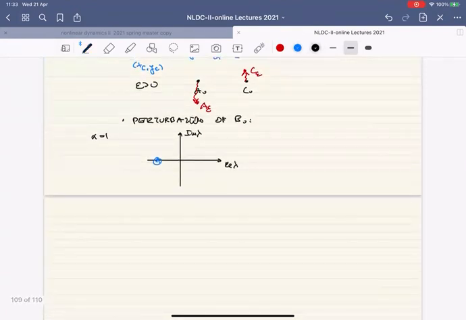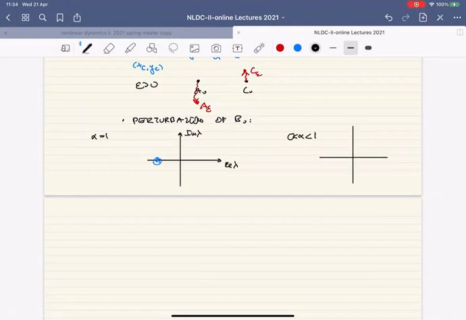The other case that I can consider is when alpha is less than 1 and still bigger than 0. In that case, the eigenvalue configuration is somewhat different because these two roots don't coincide anymore. You have -1 here for one of the roots, and you have minus alpha here for the other root.